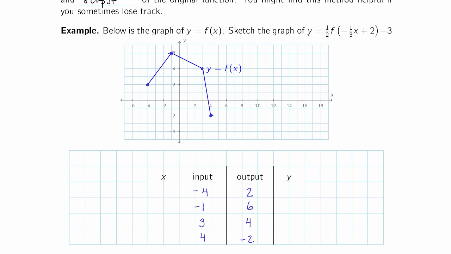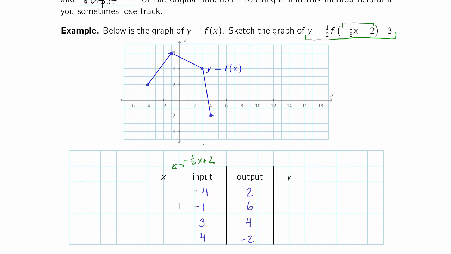Now, in the function we're actually interested in, the input of f is the expression -1/3 x plus 2. We want to find the value of x that goes with that.